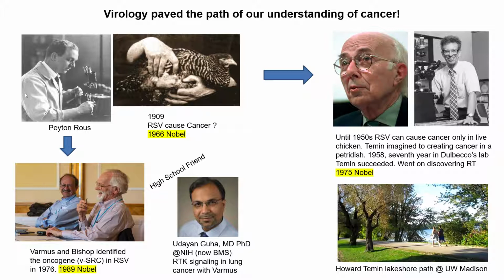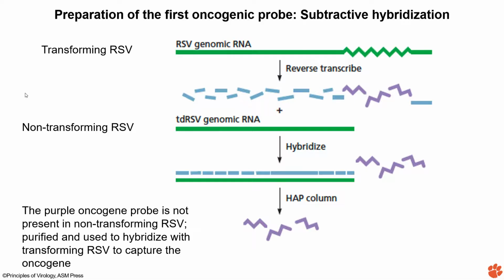Remember that Harold Varmus was the director of the NIH for a long time and an advisor to the president. Big scientist, big name. That's very interesting, and this is the reason we say that virology paved the pathway for our understanding of cancer. So let's look at how Varmus and Bishop found the oncogene from the RSV.